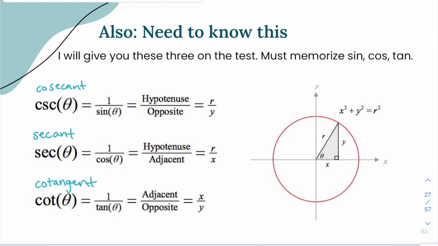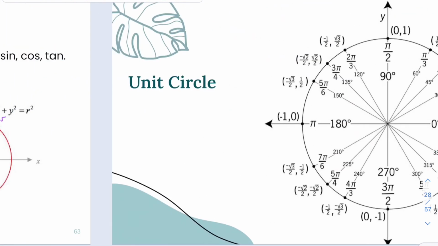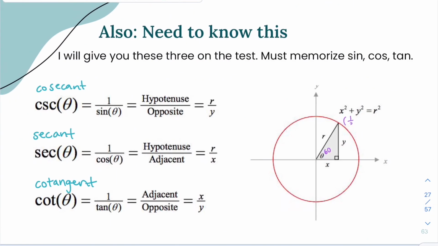Okay, so all this means for us is that if I'm asked for, let's pretend this is 60 degrees right here. We know that this ordered pair right here is 1/2 comma radical 3 over 2, right?